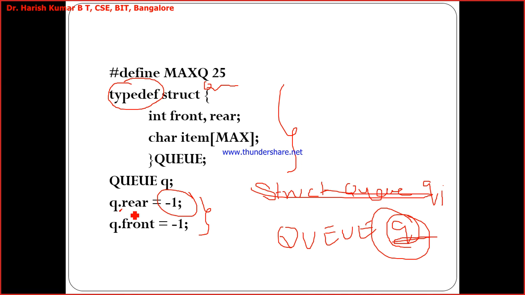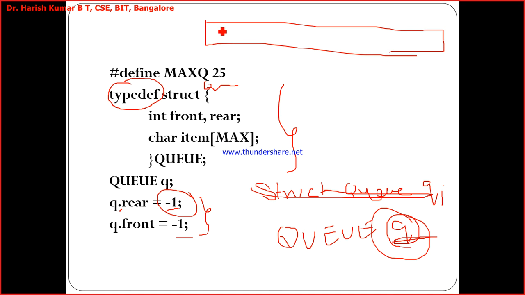So you have 2 pointers, 2 variables, front and rear, and both of them are initialized to -1. For example, say I have defined the max queue size as 25, so a queue of size 25, indexed 0 to 24. This is my queue.